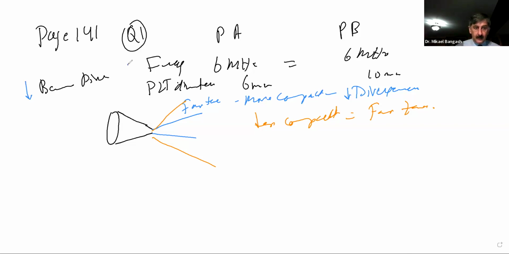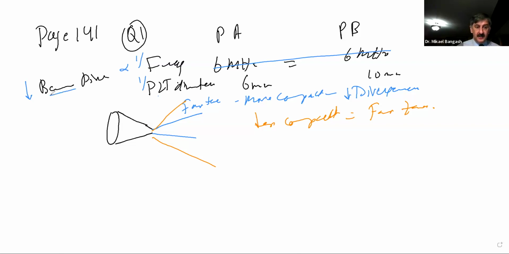Now we know that divergence of the beam is inversely proportional to both frequency and the transducer diameter. Here the frequency will not be playing a decisive role because both are of the same frequency. So the parameter that we need to look at is the diameter of the transducer.